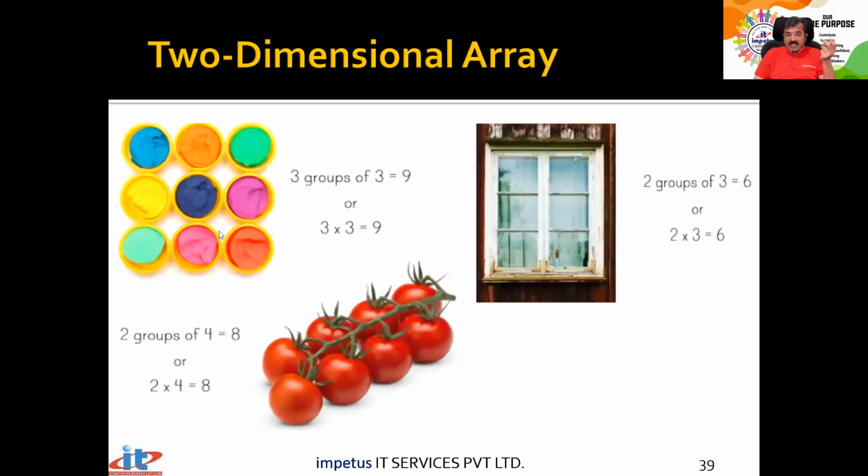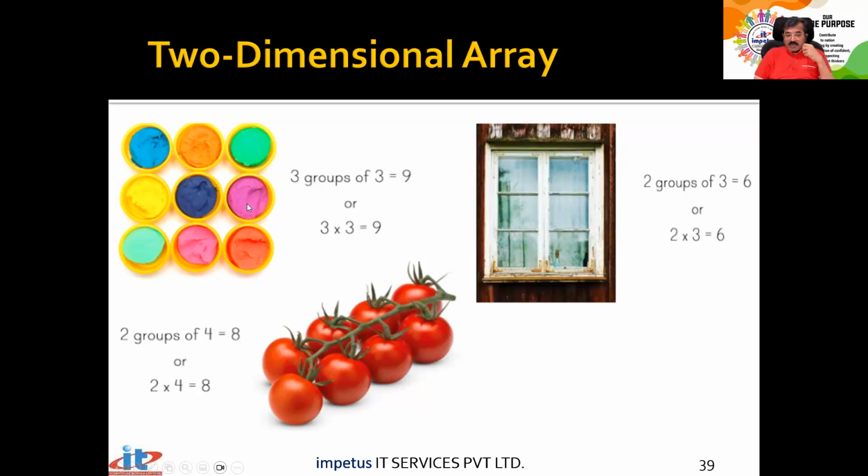If I have to access this orange color, I will say it's row number 0, column number 1. To access this, what is this color? Pink color, I'll say it's row number 0, 1, 2, third row, and the column is 0, 1. To access this particular color, violet, whatever it is, I'll say second row, 1, and column 0, 1, 2.